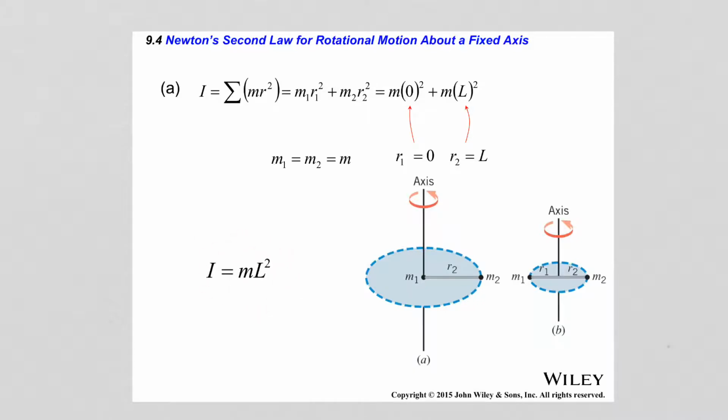So if you know the mass of these particles and the length of the rod, you can calculate the value of the moment of inertia with respect to this axis of rotation.